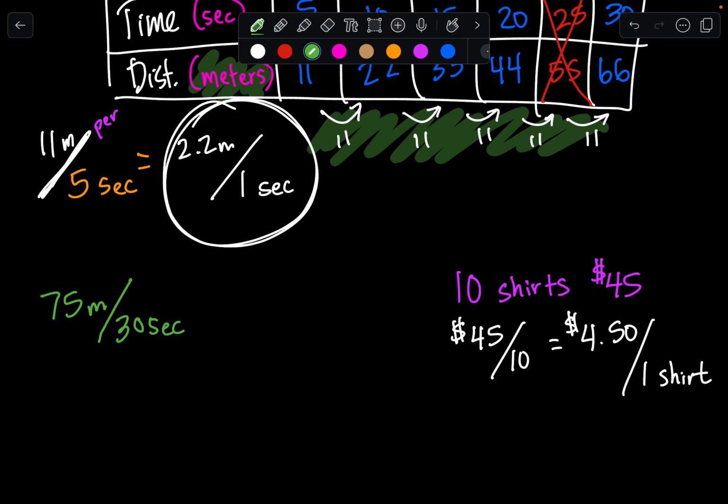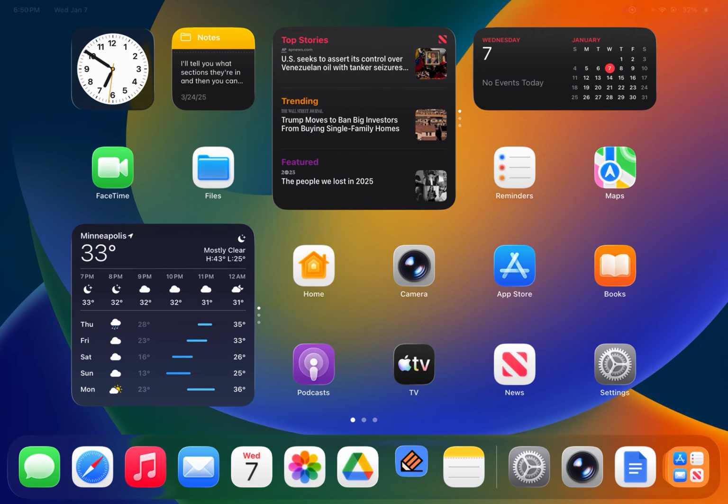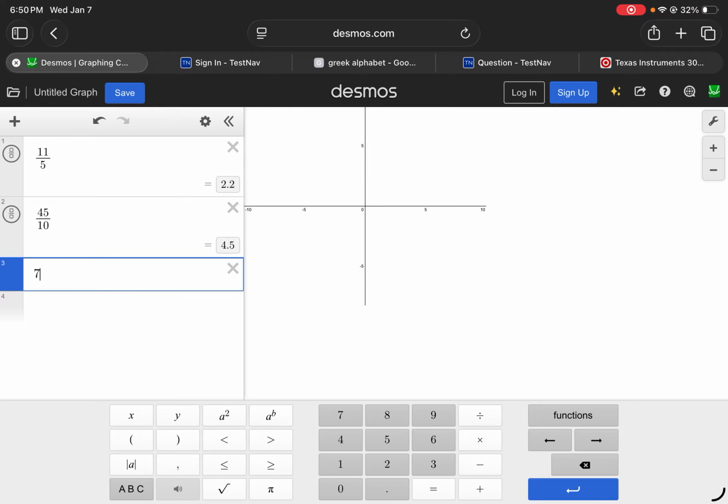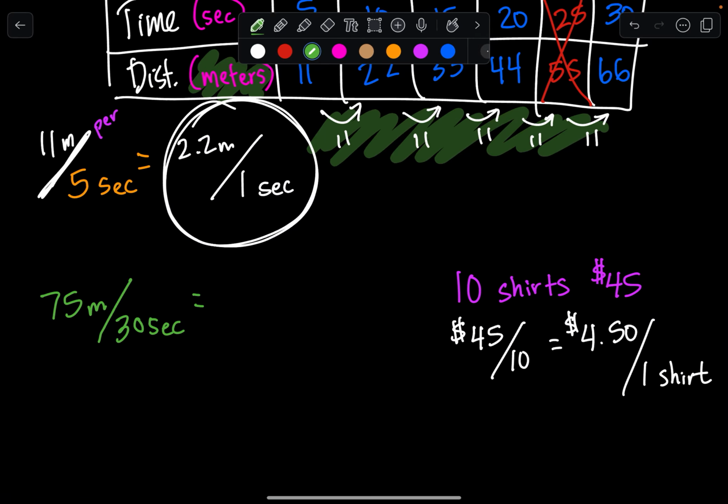You don't really know how that compares to that. So there's actually two ways you could do it. Just so you practice with the unit rate, do 75 divided by 30, and you get 2.5. So this person is going 2.5 meters every 1 second.